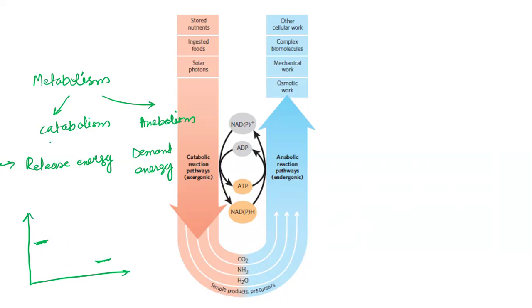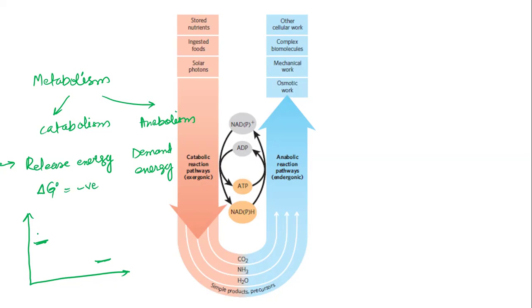And this is the reason that catabolic reactions always proceed with release of delta G, or the loss of delta G value, and their delta G values are always negative, because reactants have much more energy compared to the energy required for the formation of products. So during a particular chemical reaction, they will make products and they will release extra energy. So their delta G values will be negative.